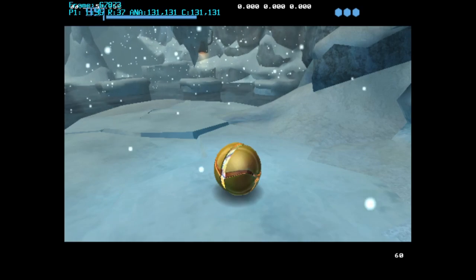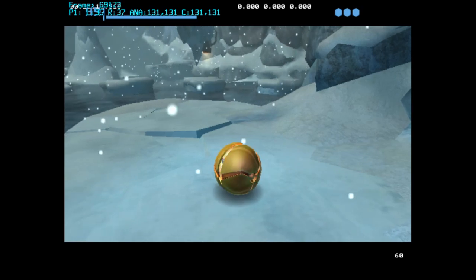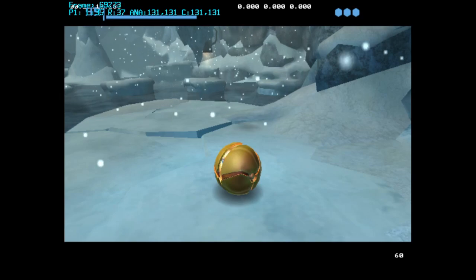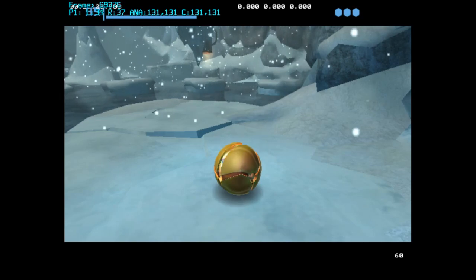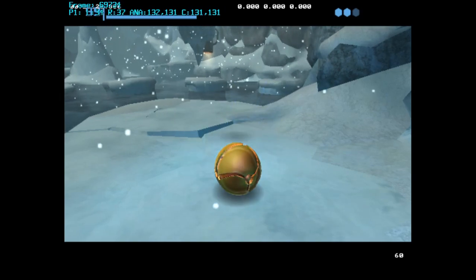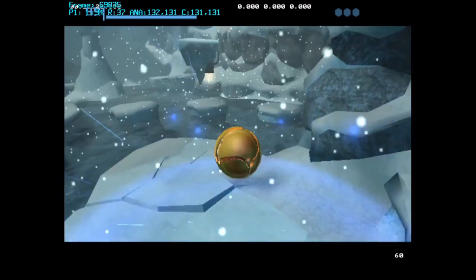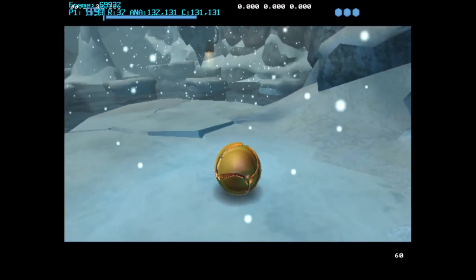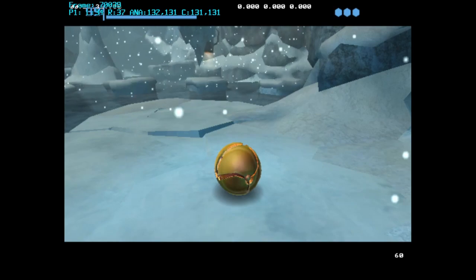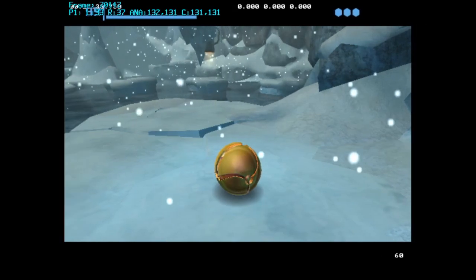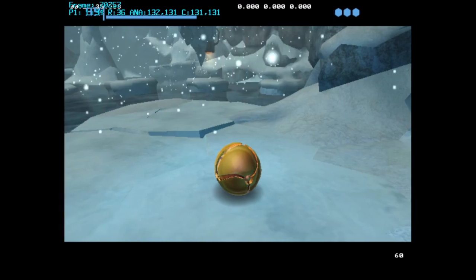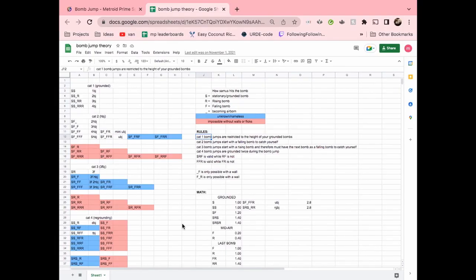So what does that look like? So 2 stationary grounded bombs, and then while you're rising in the air, you lay your 3rd bomb. Okay, see? So now we can go look and see what the best height that we can get out of that bomb would be. So if we go back to the sheet, SS underscore R.